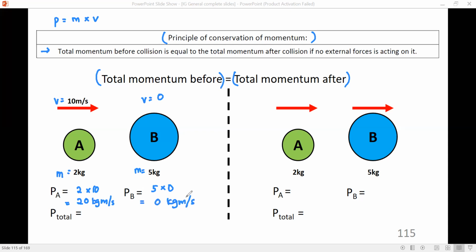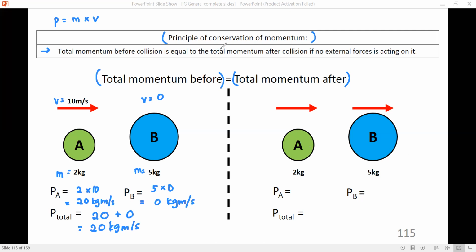From here, we add them together to get the total momentum. So 20 plus 0, we get 20 kg meter per second. This is the total momentum of the two balls before collision. After collision, ball A has hit ball B, so ball B is now moving.